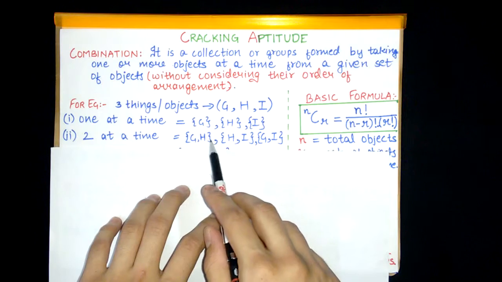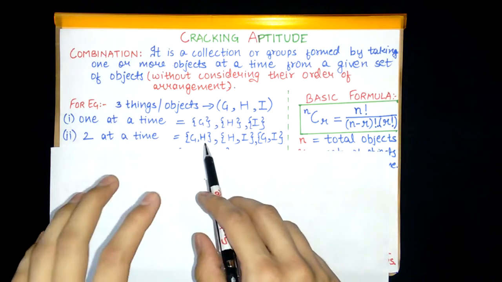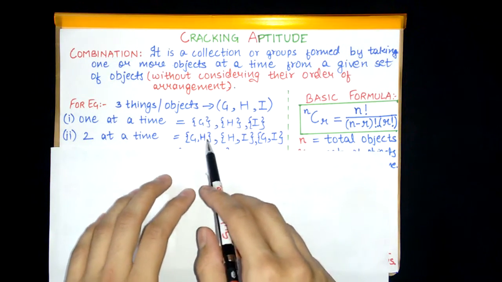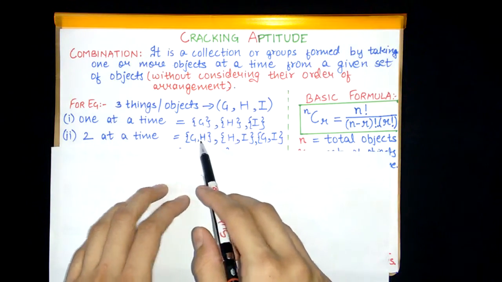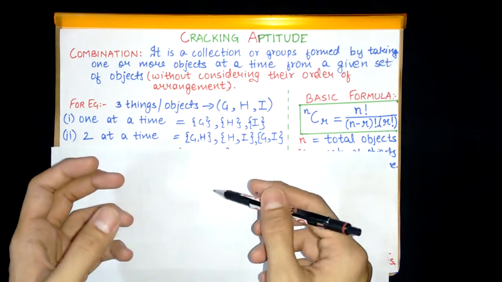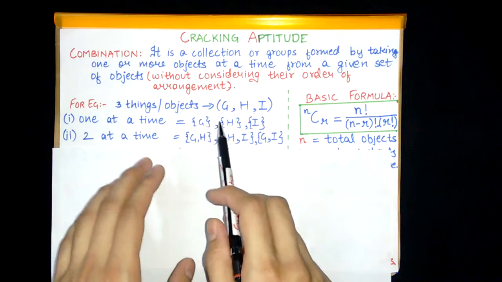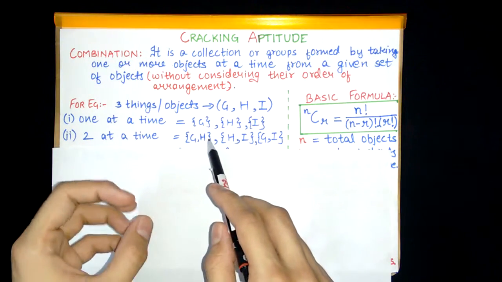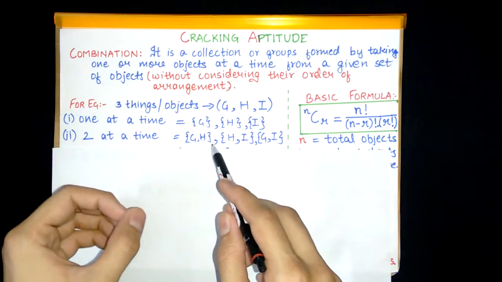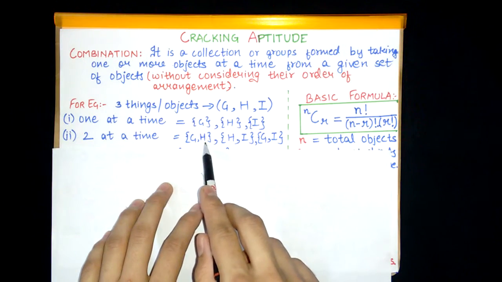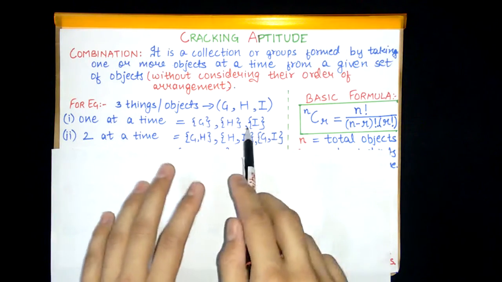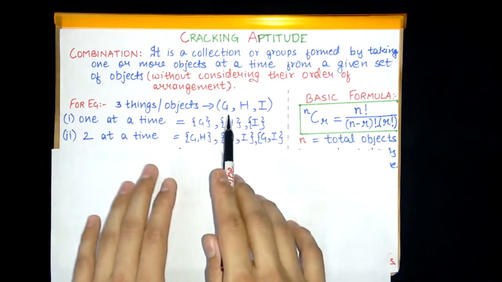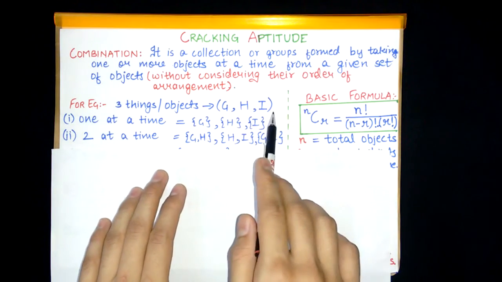Here GH and HG would mean one and the same thing, whereas in permutation GH and HG would mean two different permutations. So that is why we do not consider the order of arrangement. It's just that we have to form different groups or collections. So GH, HI and GI, only three different combinations can be formed out of these three objects.